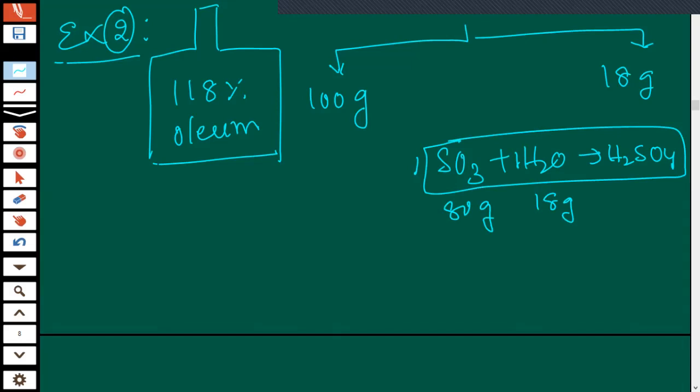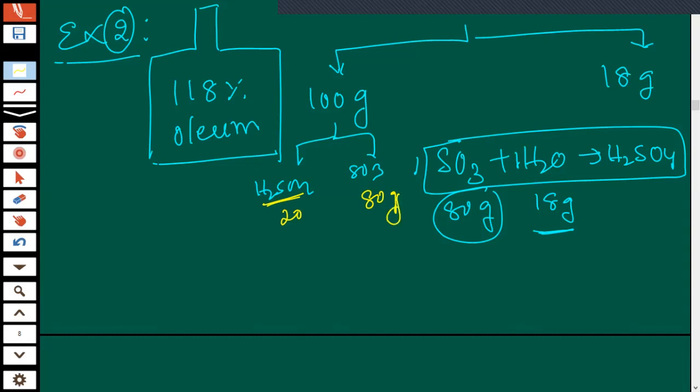So if you are adding 18 gram of water, it means sulfur trioxide is 80 gram in the sample. In the sample there are H2SO4 and SO3. SO3 is 80 gram and sulfuric acid is 20 gram only.